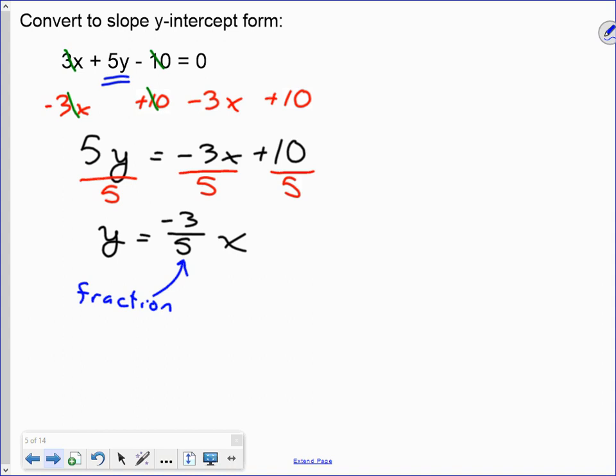So that's fine. We're just going to leave this as a fraction. And then 10 divided by 5 gives me positive 2. All right, so that's converting from standard form to slope y-intercept form.